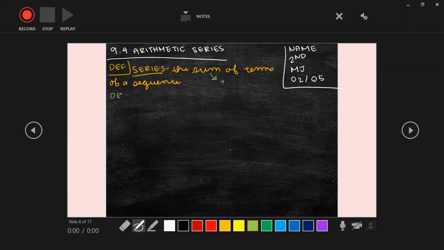You have another definition, and it's a finite series. It is the sum of terms where you have a first and a last term.